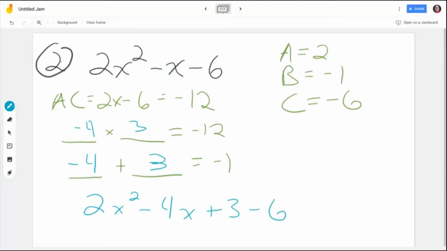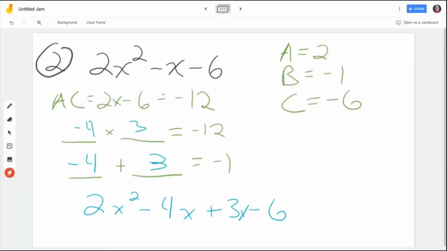I always think people are going to ask me, no one ever does, but the order in which you put them here does not matter. If you wrote plus 3x minus 4x, it's still fine. Sometimes they're a little bit easier to work with if you write it in a certain order, but it really doesn't matter. So I don't think it's worth putting thought into it. Just write them in whatever order you found them in.